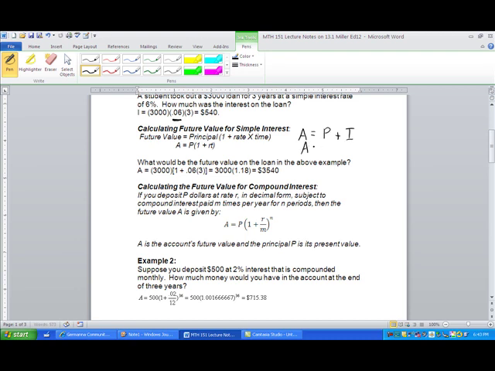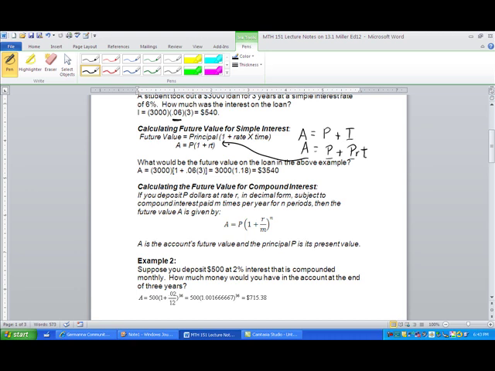But notice we can write interest as capital P times R times T. Then we'll note that there is a common factor in both terms, and we can factor out the P, and that is what leads us to our formula we have over here on the left. A equals capital P times the quantity 1 plus R times T. So again, A is the future value, P is the principal, and sometimes that's referred to as the present value. And then R is the annual rate of interest, and T is the time in years.